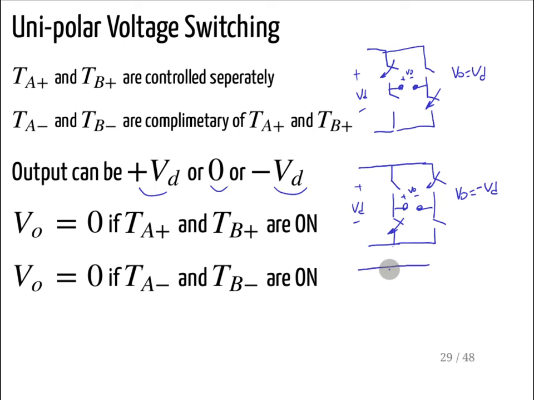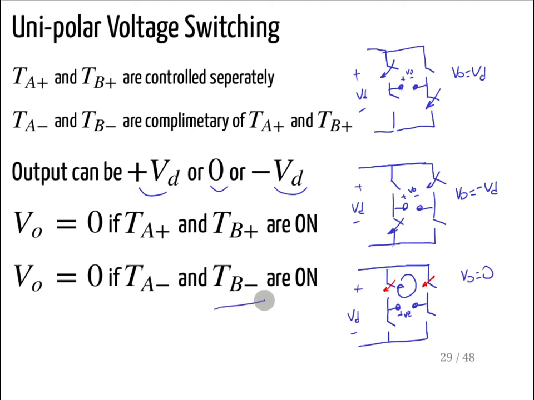So what I can do, and as an extra voltage level, I can close either that one, okay, and that one. You have the VD voltage here, but then you will have that loop and VO will be equal to 0.